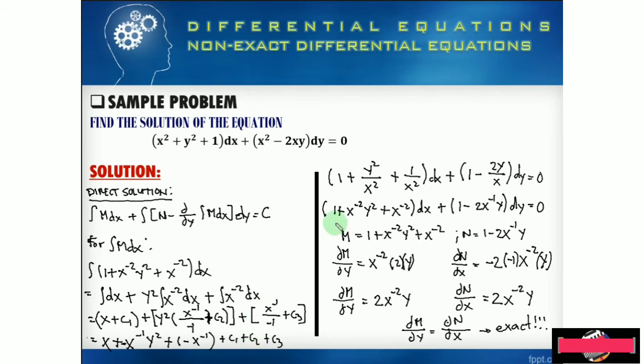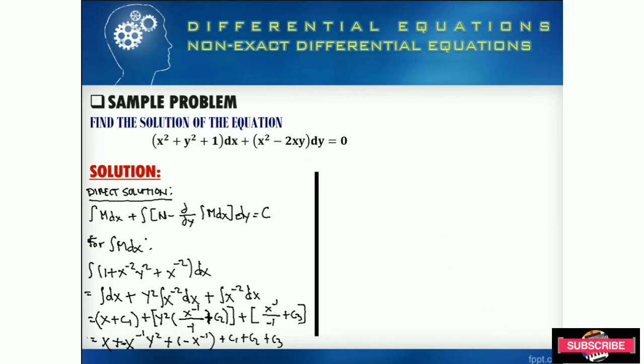Okay, and simplifying this one, we have now this integral of your m dx is just equal to x, and then negative x raised to the negative 1, so this is minus, no? So we have here y squared over x, no?